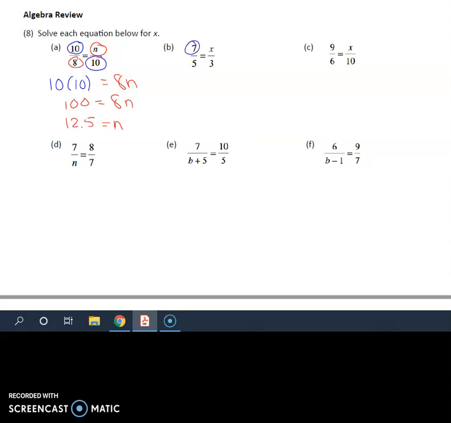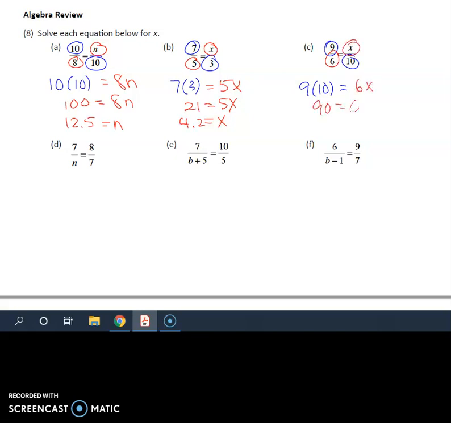All right, so in problem B, we multiply 7 to the 3, and then 5 in the x. So 7 times 3 is 21. And then we divide both sides by 5, so x ends up being 4.2. In problem C, we'll multiply the 9 and the 10. And we'll multiply the 6 and the x.